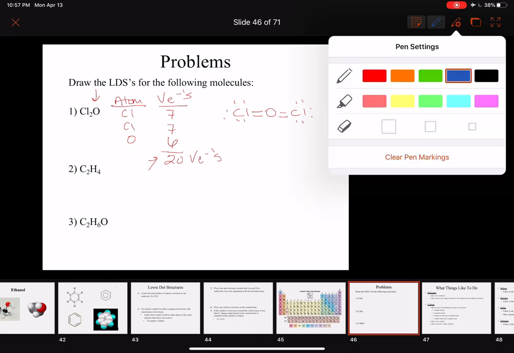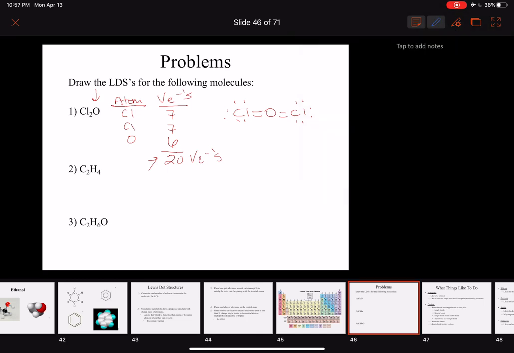Now, if we count around chlorine, we can see that we have 2, 4, 6, 8, 10. And 10 is more than 8, so we're not following the octet rule. And remember, the shared electrons, chlorine is pretending that those are its own, so you can count up 10 right there. So ding, ding, ding right there, wrong structure.